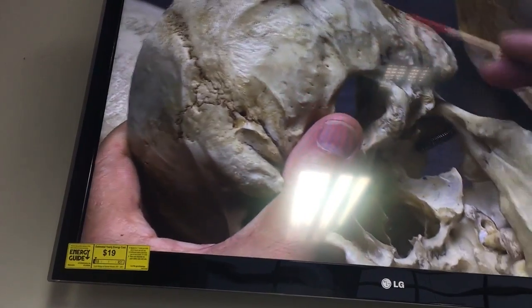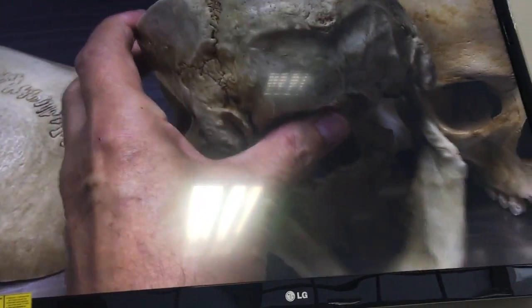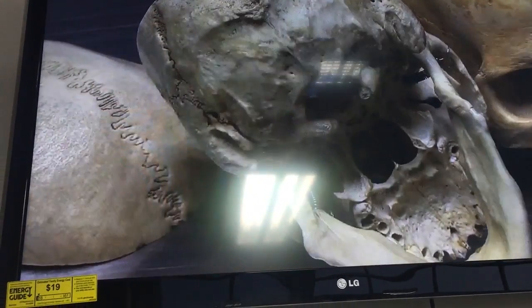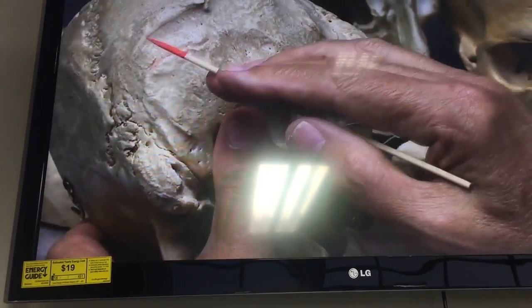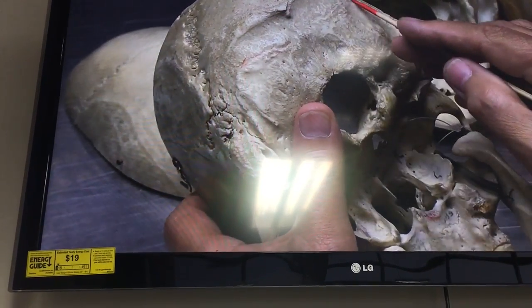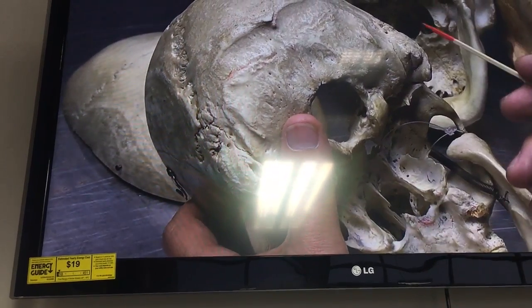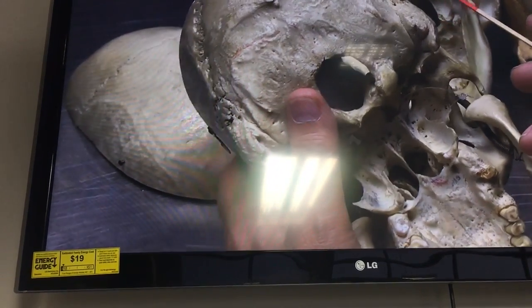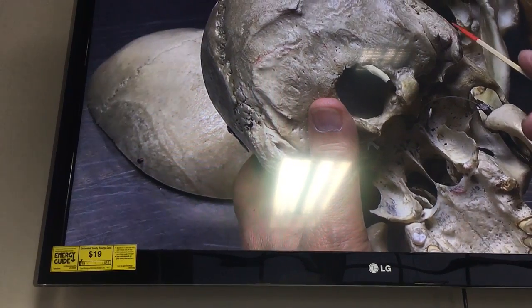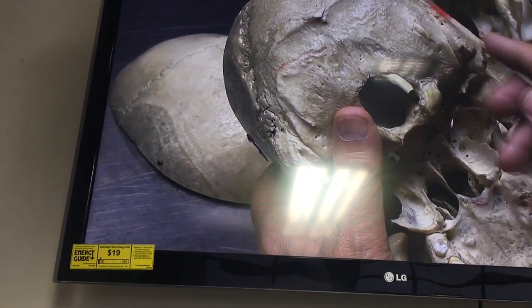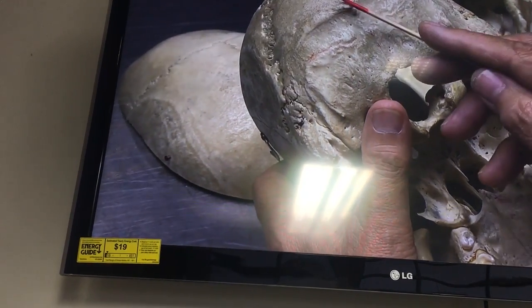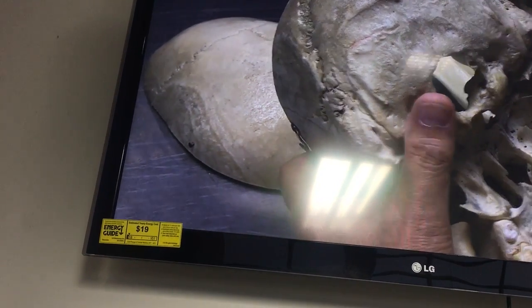Let's move on to the squamous part. There we have the superior nuchal line, which we met before, because you remember we did the sternocleidomastoid attached to the lateral part of the mastoid process and the lateral half of the superior nuchal line, and then we also have the trapezius, which is attached there.